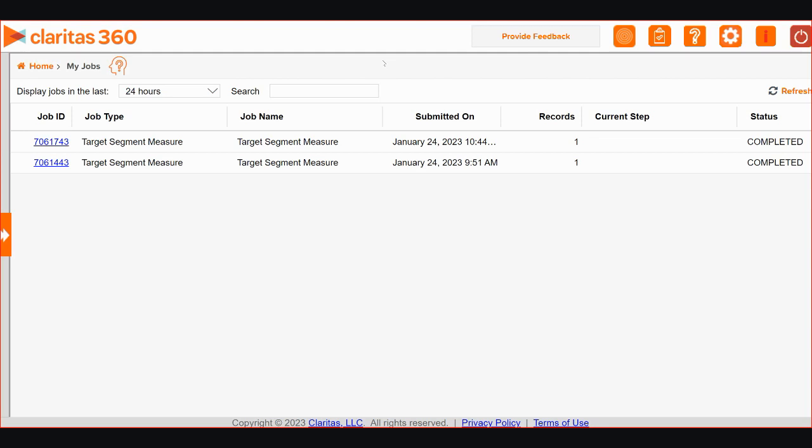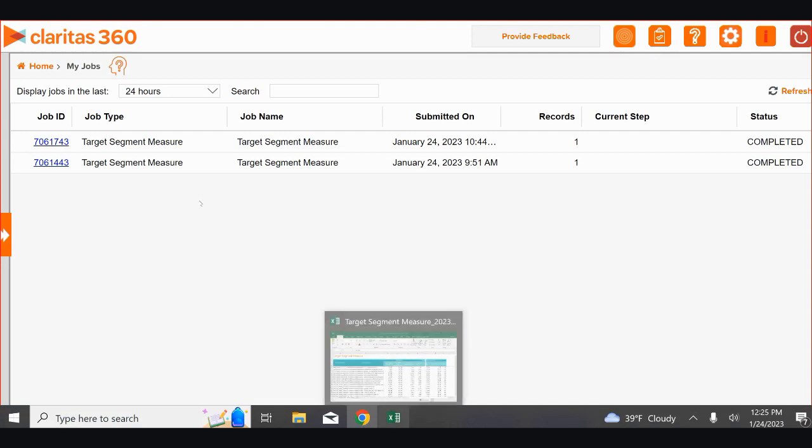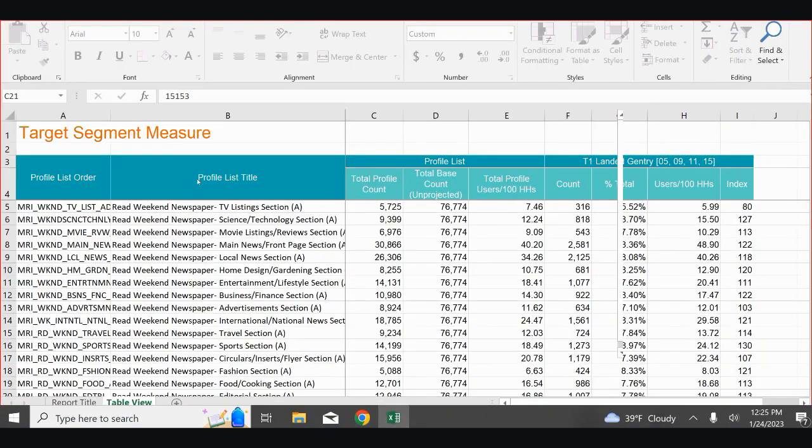It says completed, but usually right away it will say in progress, and it just takes a few minutes to run the report. I am going to click on the first report that I ran, the Target Segment Measure Report. You click on it and the Excel document will open.